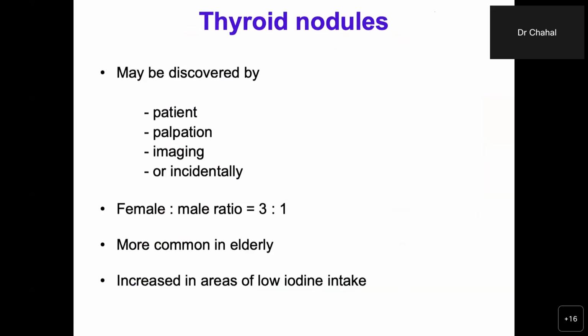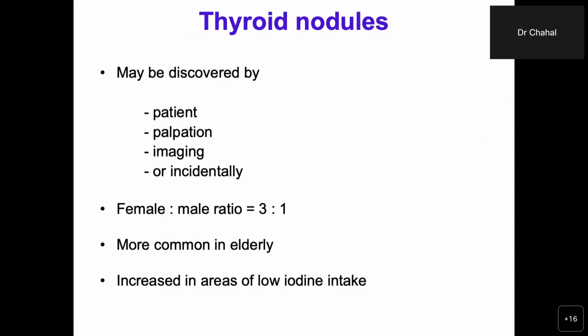So we talked about underactive thyroid, we talked about overactive thyroid. In the final part, we're going to talk about nodular thyroid. And this is probably the most common and difficult part of thyroid medicine, because patients tend to have ultrasounds nowadays for many reasons, and you may find an incidental thyroid nodule.